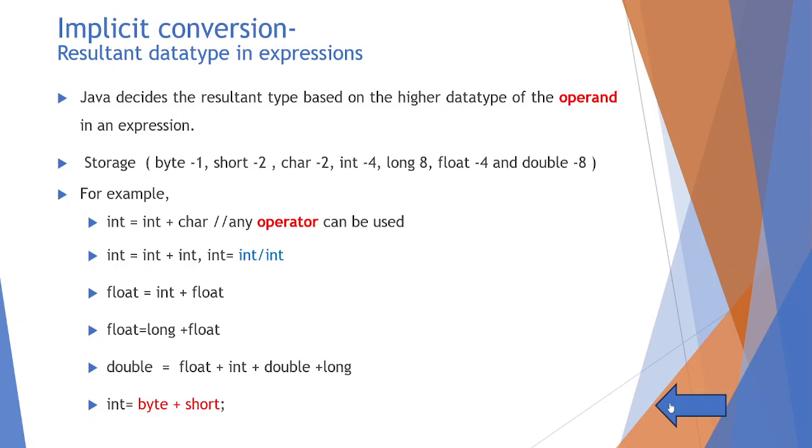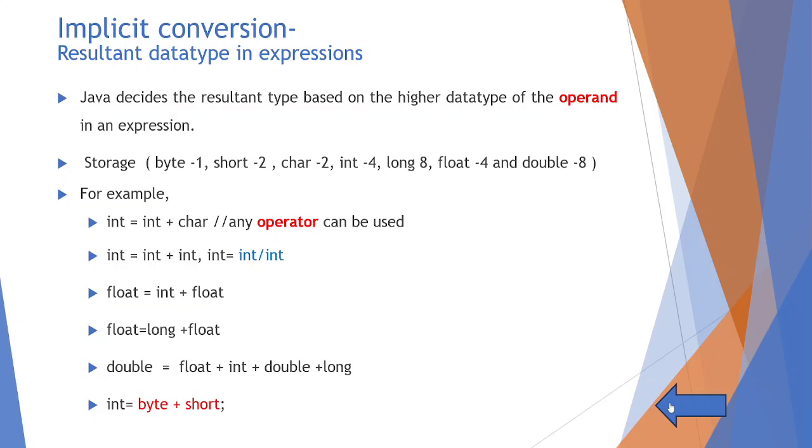Int divided by int also gives an integer. Int plus float: I told you float is bigger than int according to Java, so the answer will be given in float. Long plus float. Then float plus int plus double plus long: it decides the resultant data type to be double, which is obvious.